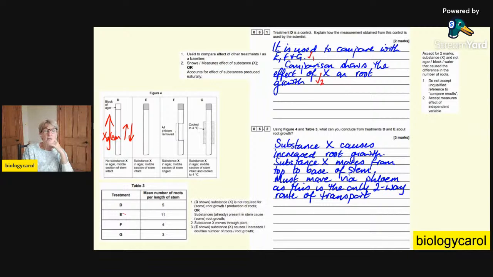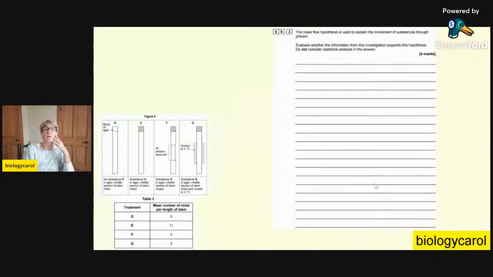That's what I was getting at. Can't remember what the mark scheme was. Here are the notes. So I got mark point 2 and I got mark point 3 because it increased root growth. I didn't get mark point 1, so I only got 2 out of 3 marks.